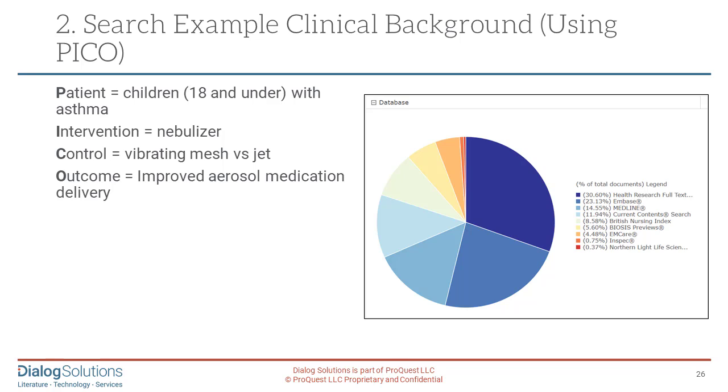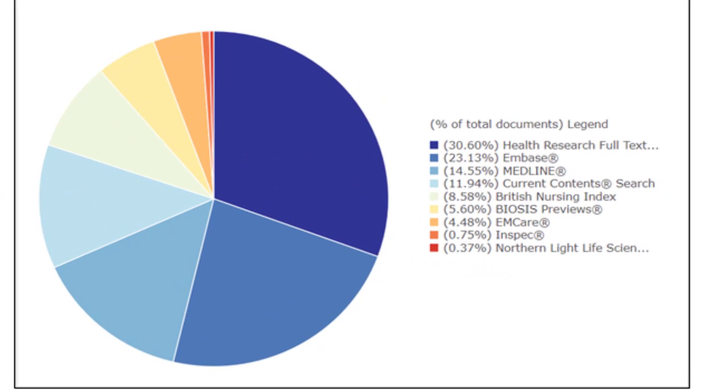So this is an example of where we're looking at the clinical background for nebulizers. And then interestingly here, we got more results in Health Research Full Text, 30%. And this is probably because it has a lot of nursing information and evidence-based medicine from the field, so to speak. And if you think about it, with a PICO search, it's very much evidence-based.